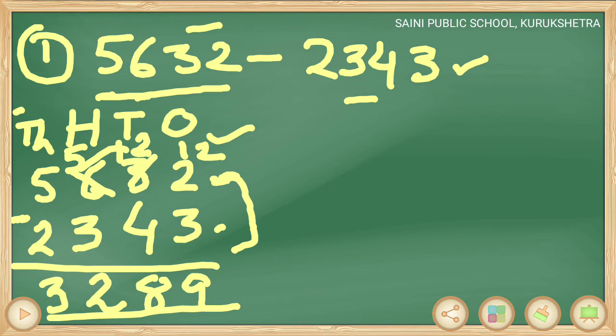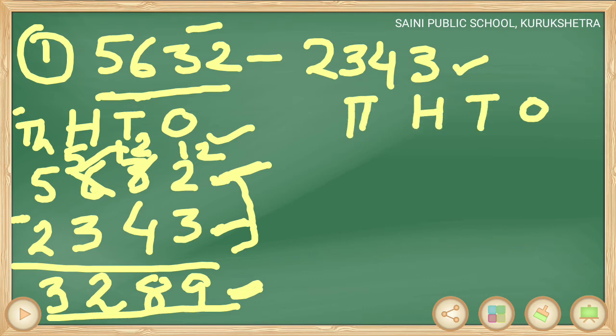Now you know this is called the difference, this is the bigger number and this is the lower number. Now we will check whether our answer is right or wrong. For this we will write here again places: 1's place, 10's place, 100 place and 1000 place. Because these are 4-digit numbers, we will write here 4 digits.